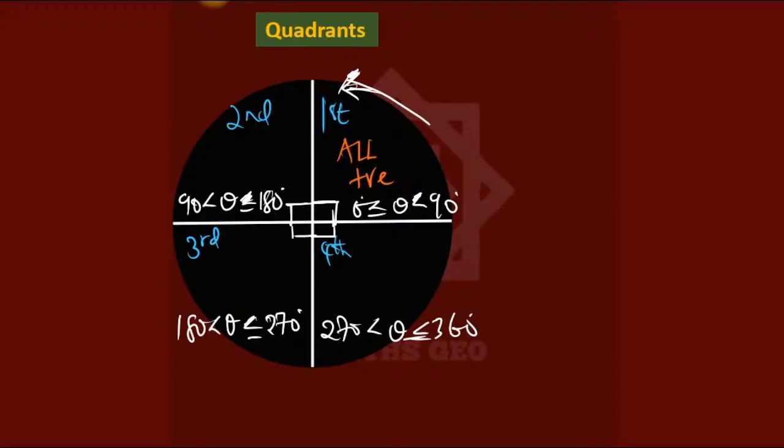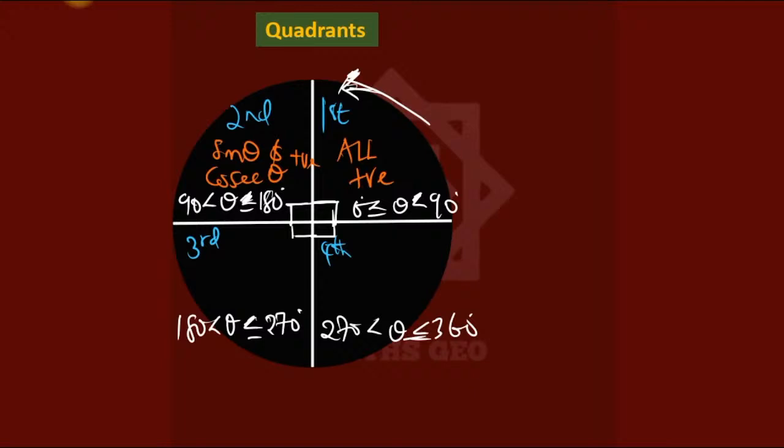So know which quadrant the angle is in. Another thing you have to know is that only sine and its reciprocal, cosec, are positive in the second quadrant. Others are negative.